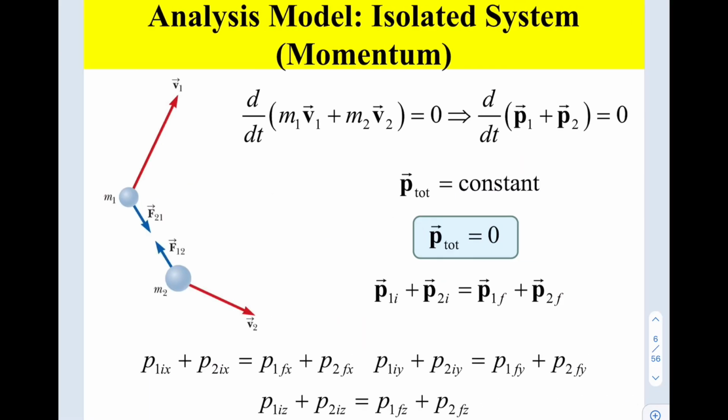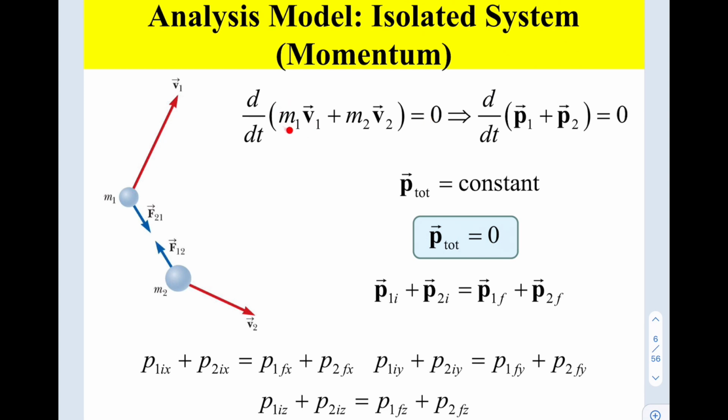So let's do the analysis model for an isolated system, where we are going to consider momentum. Similar to the diagram that we used from the beginning, we have d(m1v1 + m2v2)/dt, or the rate of change of momentum, equal to 0.